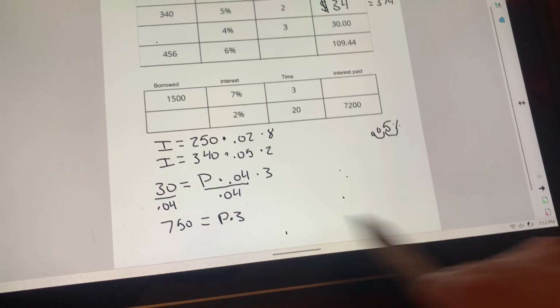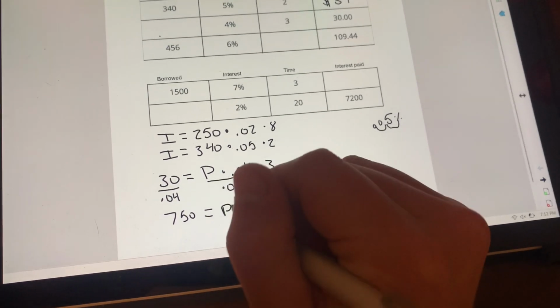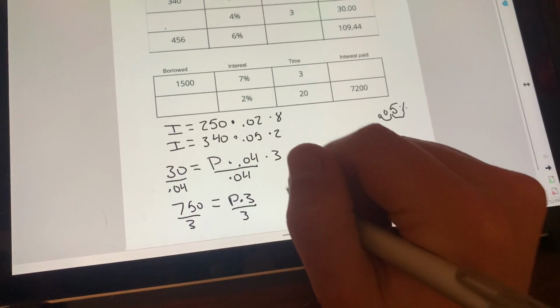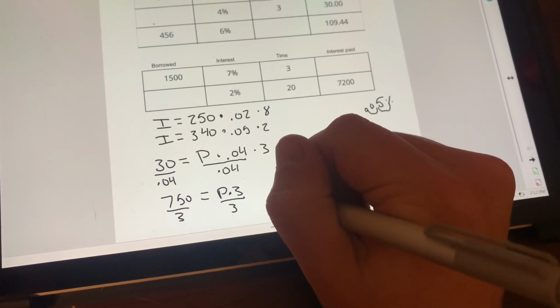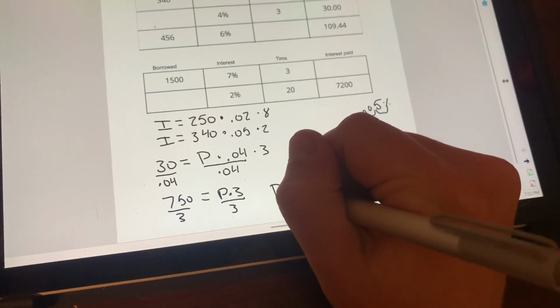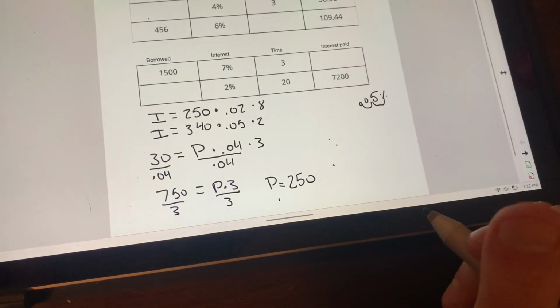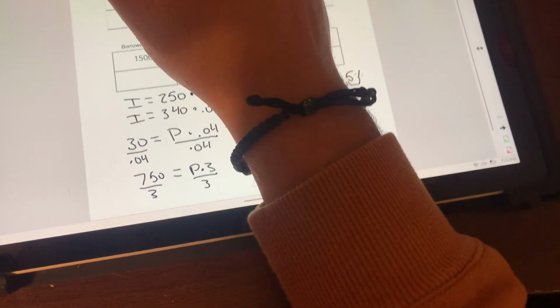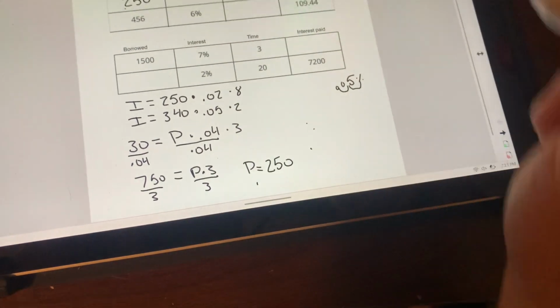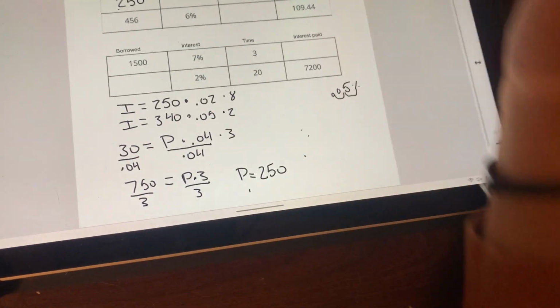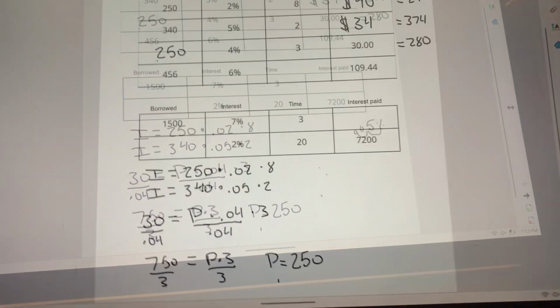And then again, P times 3, so now I need to do the opposite because I need to get that P by itself. So 750 divided by 3 gets me the principal equals $250. So I can say $250 was my beginning. So 250 plus 30 means that now I have $280 in this bank account.